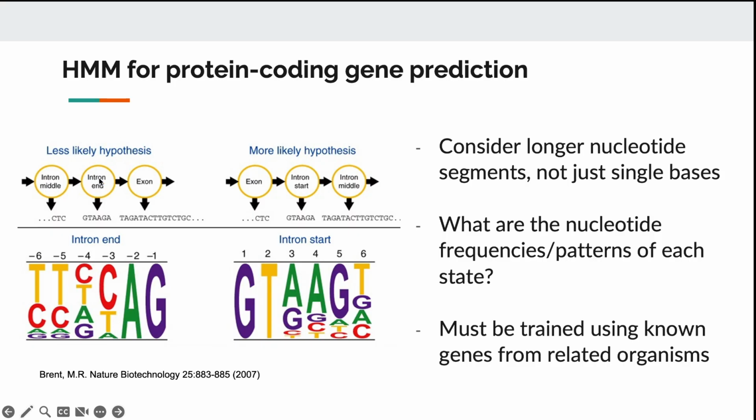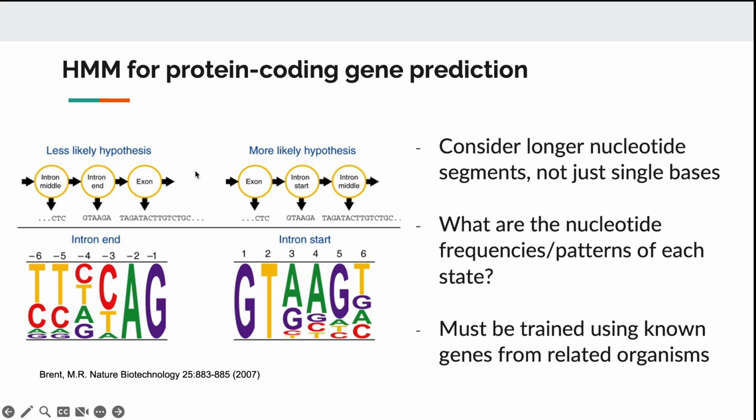it fits intron start more than intron end. So if your hidden Markov model, when you reconstruct the state and you want to calculate the probability, if you are assigning intron end to this state, it's going to get less probability than if you assign this as intron start because of the pattern GTAAGA.